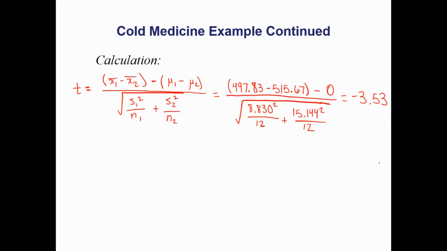So now we need to get the p-value. We can't do that directly. We gotta use a special equation. For the sake of this example, we're all gonna do it.